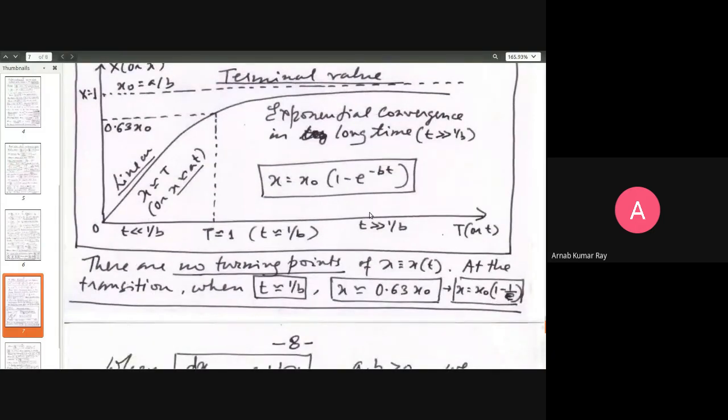Also, I just gave you the example of the human body, that in the early stages there is a rapid growth, and then later the growth saturates towards the limiting value. So it is supposed that the growth of the universe is something like that. I'm not saying exactly like this. In the early stages the universe grew exponentially. It's called the inflationary universe model. In the early stages, the universe grew very rapidly, exponentially.